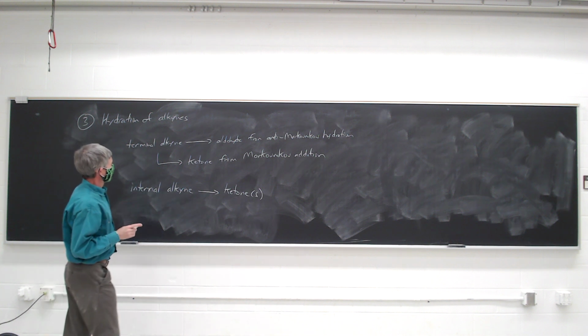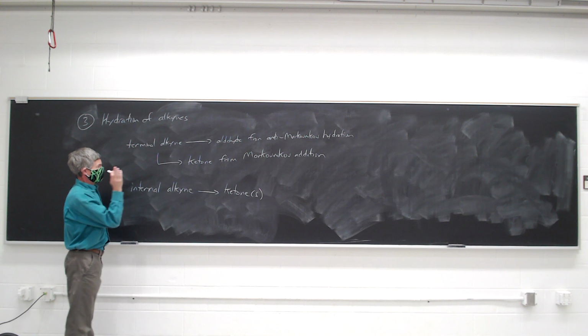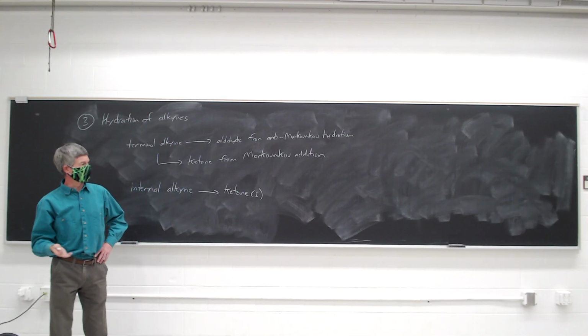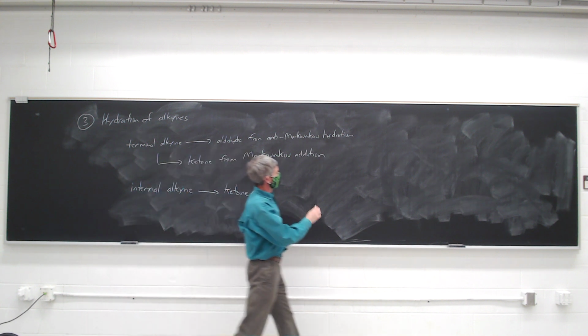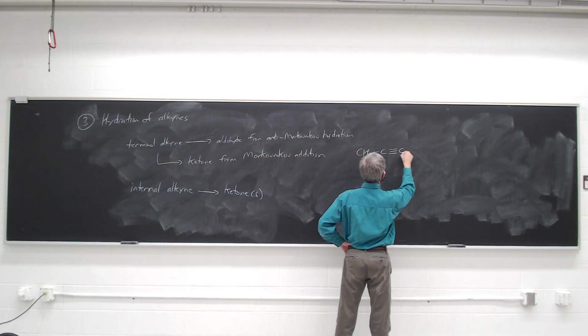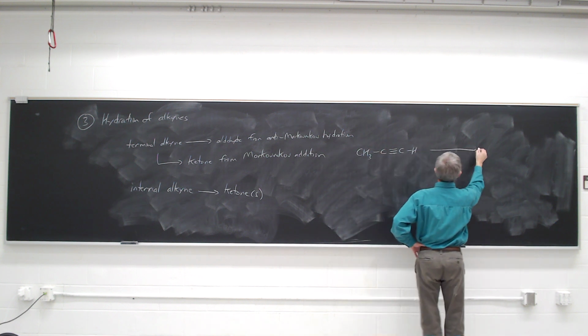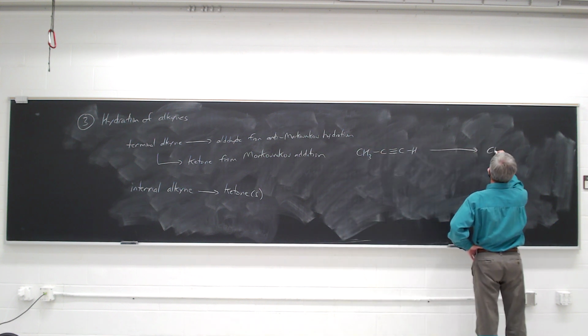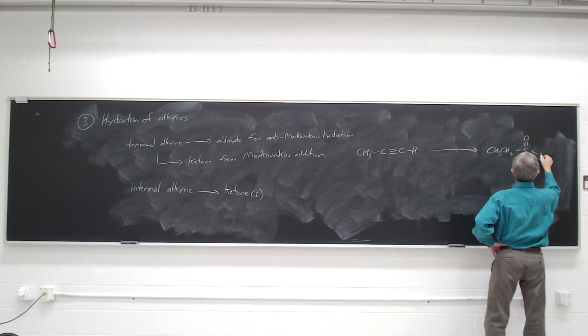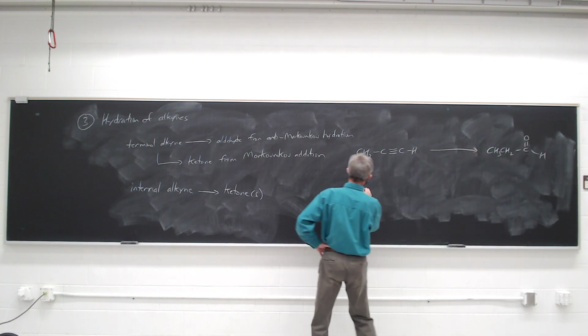So what are the reagents for Markovnikov addition and for anti-Markovnikov addition to an alkyne? As an example, let's just pick propyne, the simplest possible terminal alkyne. So we can convert that into the aldehyde if we want to. But we can also convert that into a ketone.